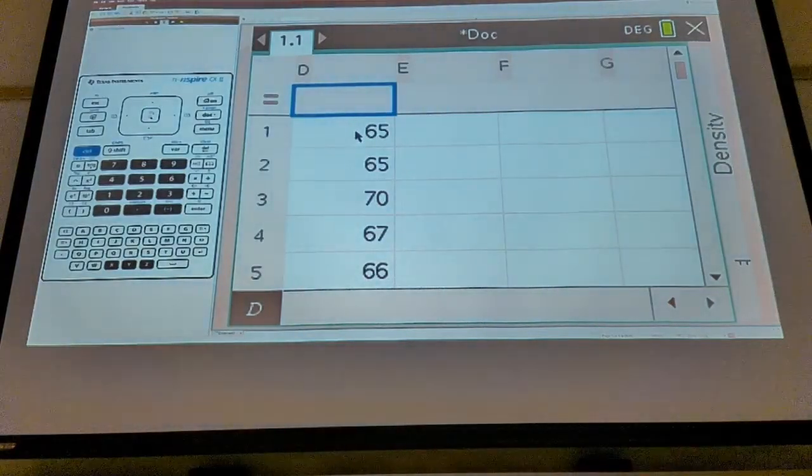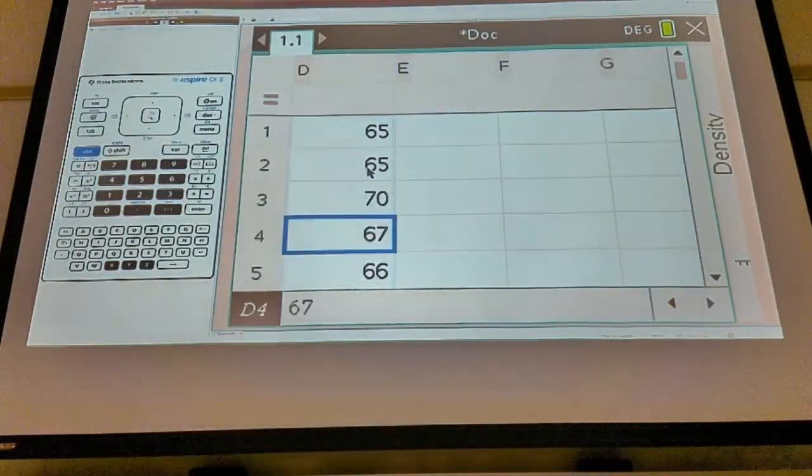So for the sake of brevity, I entered the data into my calculator.